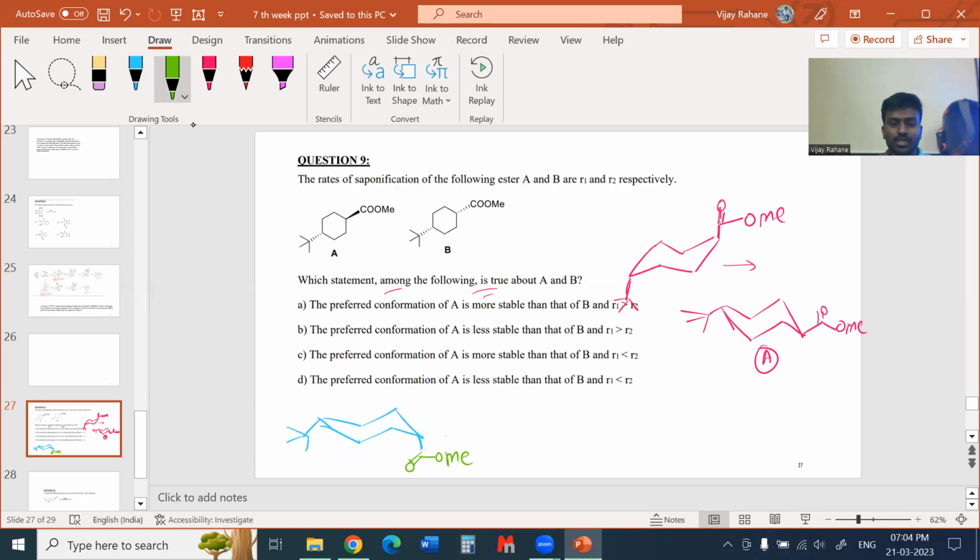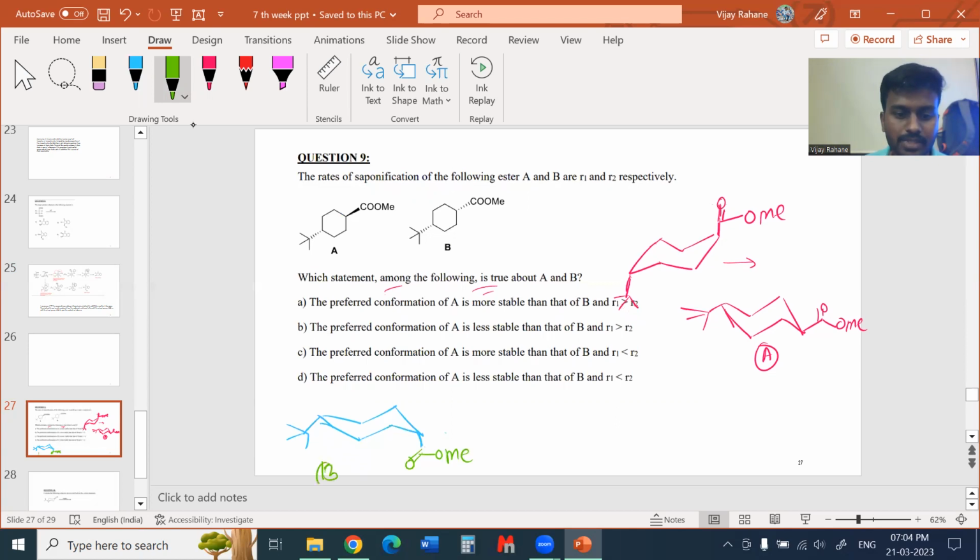So these are the two structures, this one is A and this one is B. We need to answer the rate of saponification of esters A and B. Ester A is the equatorial ester, and ester B is the axial ester.